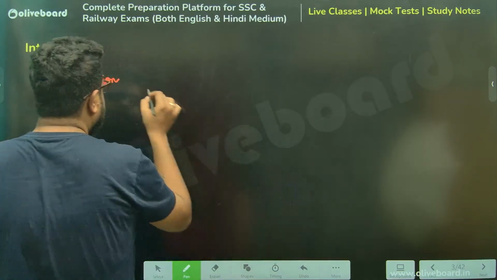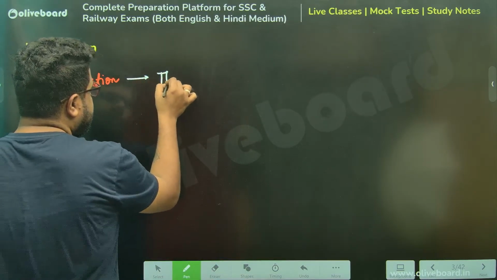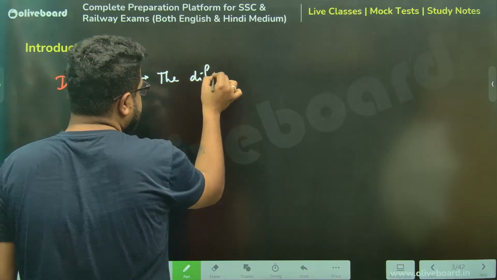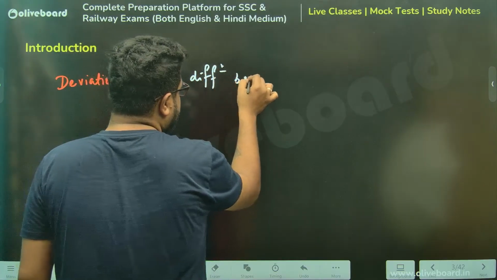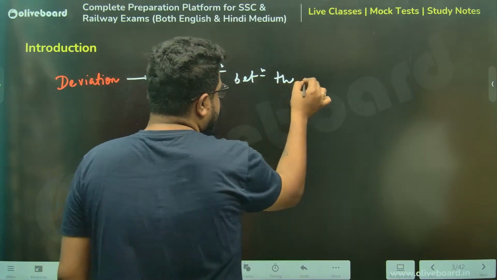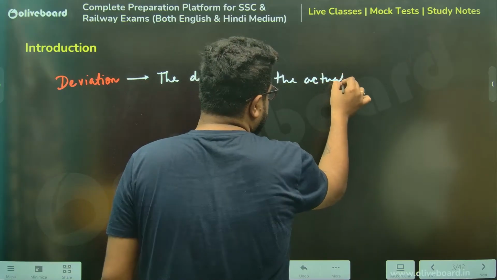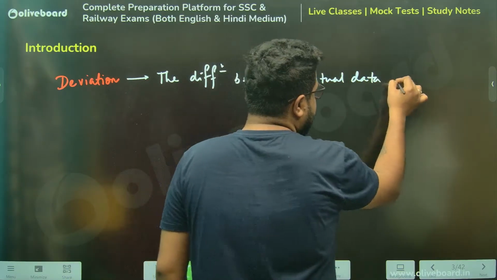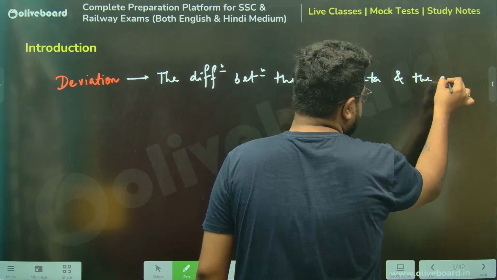Deviation is nothing but the difference between the actual data and the average.